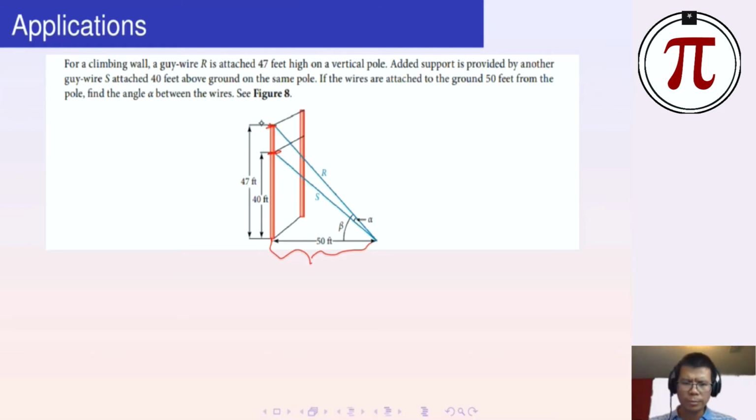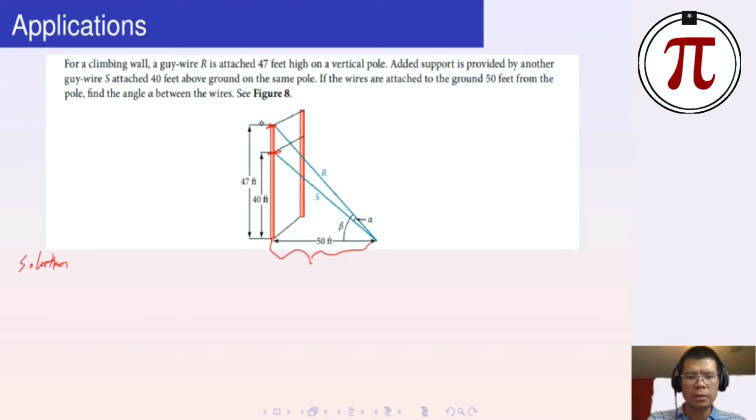Well, it seems like we know the tangent of beta and the tangent of the other angle, right? So some known information.